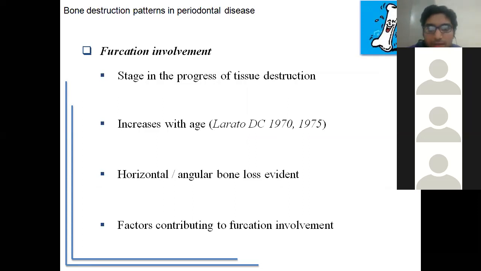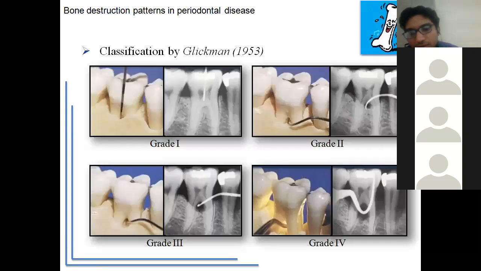Furcation involvement: stage in the progression of tissue destruction, increases with age, factors contributing. But in furcation involvement, you should know the grades given by Glickman: grade 1, grade 2, grade 3, and grade 4. Grade 1 is incipient bone loss, grade 2 is cul-de-sac, grade 3 is through and through, and grade 4 is through and through along with recession of the gingival margin, so it is visible.